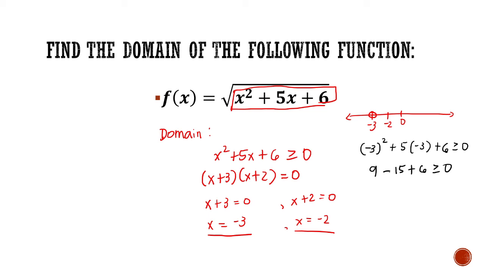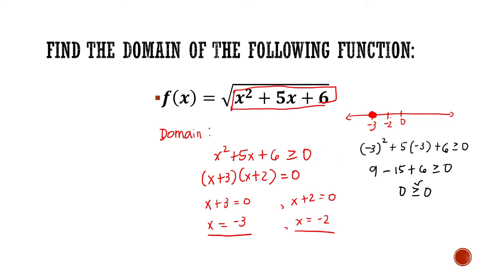Now 9 minus 15 is negative 6, and negative 6 plus 6 is 0. And is 0 greater than or equal to 0? Yes. So we are going to shade negative 3 because negative 3 is included, na-satisfy niya yung inequality natin.